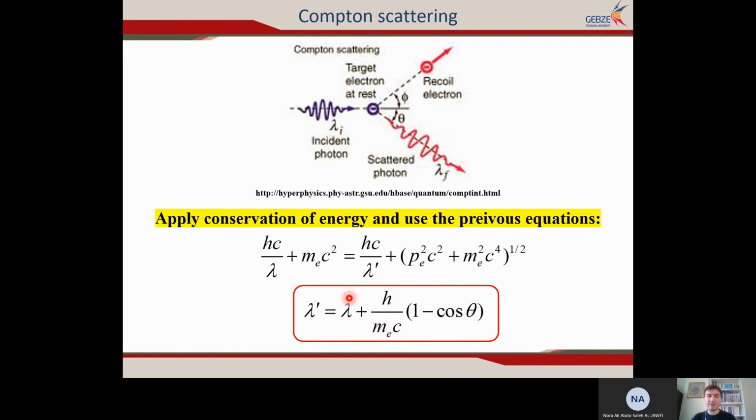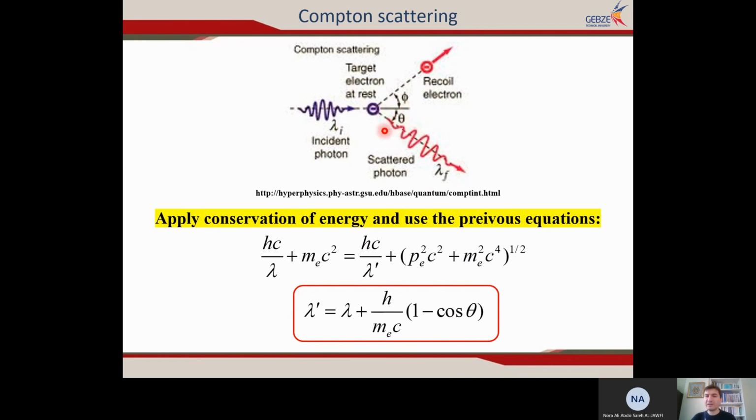And what is lambda? This is the initial wavelength. I know this initial wavelength, right? Because I sent X-rays from the X-ray source. I know the wavelength. So finally, I would like to measure the energy of the scattered photon, or I would like to determine the wavelength of the scattered photon. So what to do?